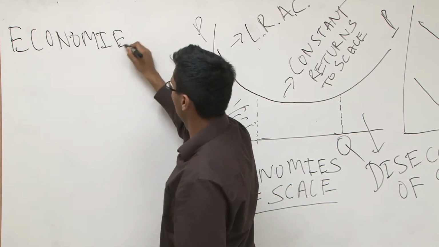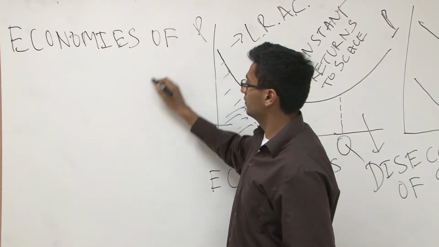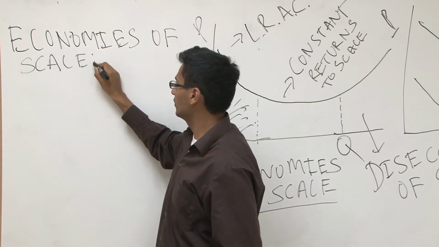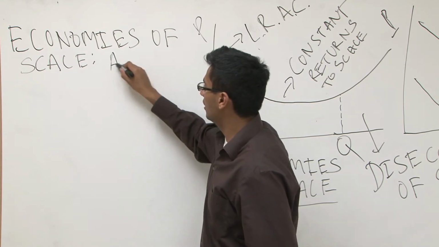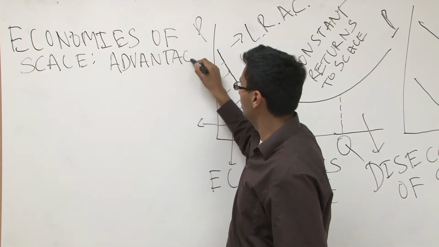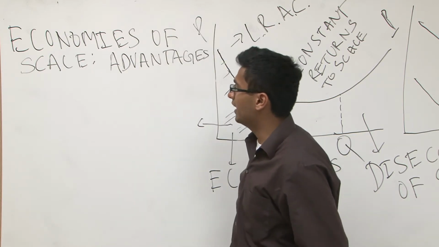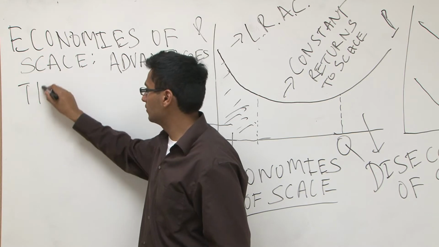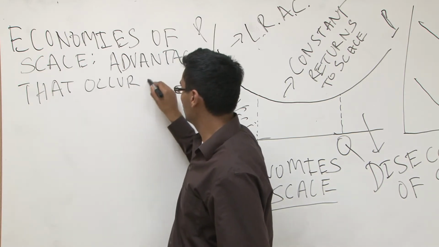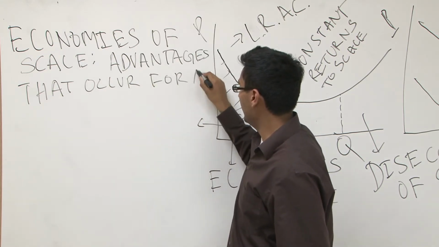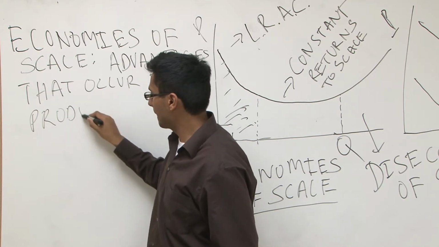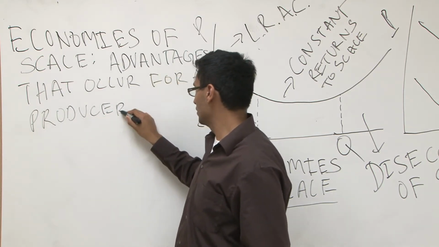Economies of scale are advantages that occur for a producer in the long run.